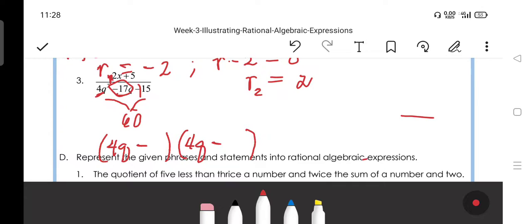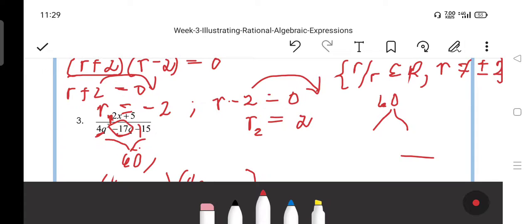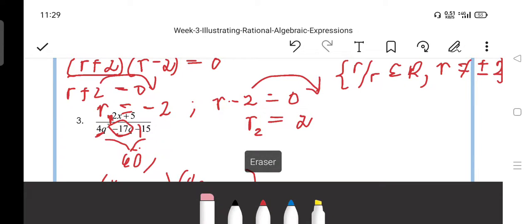And we are going to look for factors of 60 that when added is negative 17. So in this case, we can actually use the factors, so let's get 4 and 15.